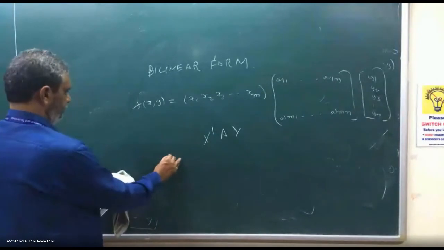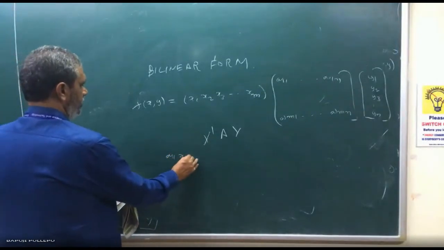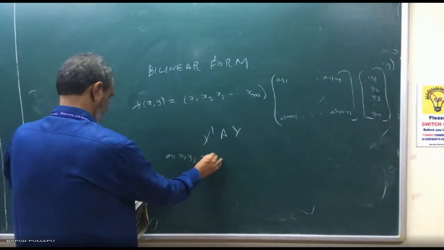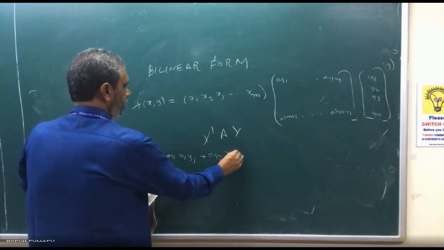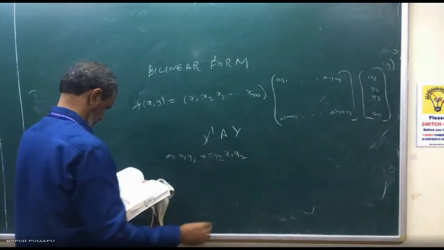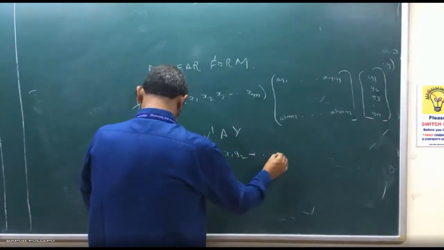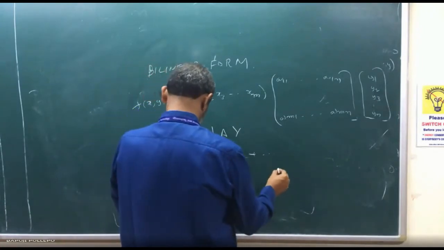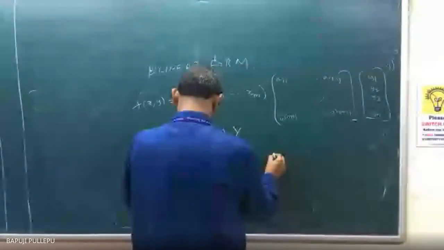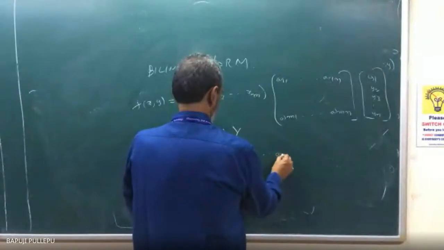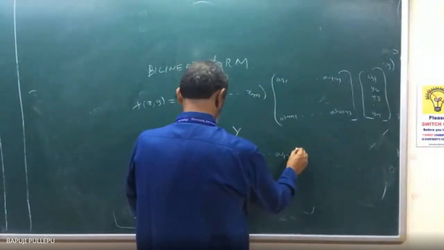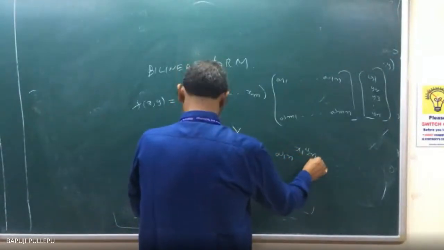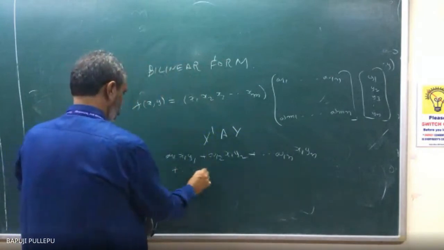How will you get it? a11 x1 y1, a12 x1 y2, plus a1n x1 yn, plus so on you will get.